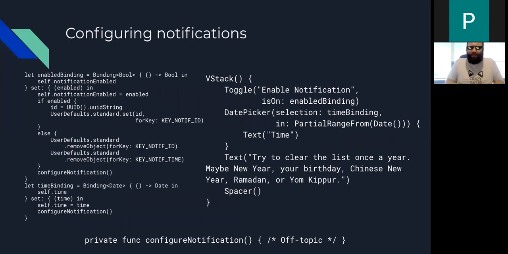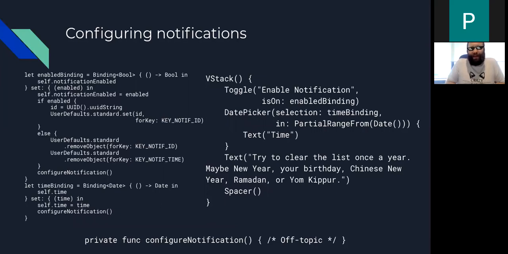So here's a bit more complicated code. This is the notifications screen. So this needed custom bindings because I wanted to not only bind the data, but I wanted to respond with custom code when the data was changed. So there was a toggle switch, as well as a date time picker.